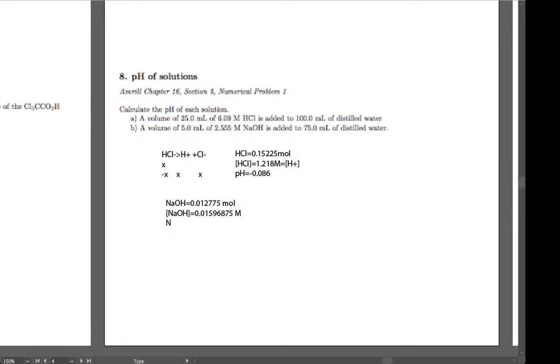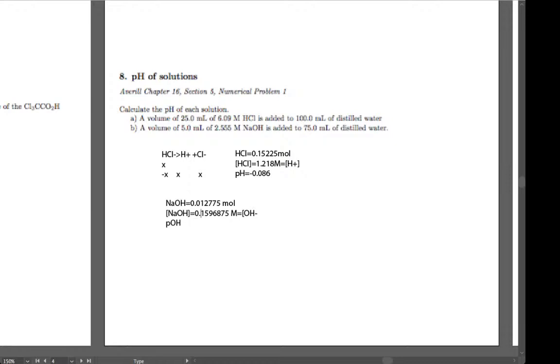So this means that the concentration of OH minus, no sorry, this thing here is actually the concentration of OH minus. Oh wait, sorry, my bad. This thing should be 0.08. Yeah, that's correct.